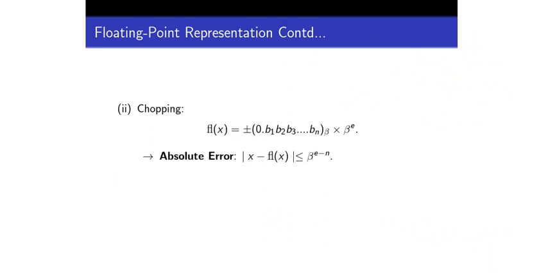In the chopping case you have x minus, only x minus. Similarly you can find the absolute error, and you can also find the relative error. So in chopping also you can see these are the absolute error, and this is the relative error, right?